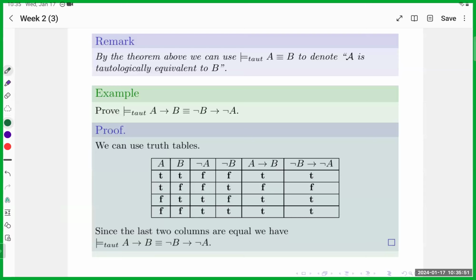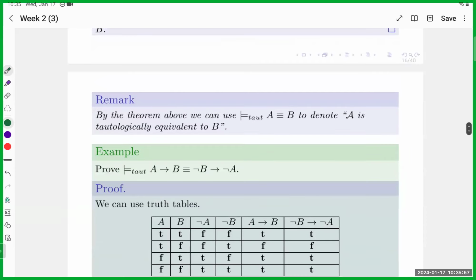Tautological equivalence and implication: first of all, it doesn't make sense to talk about sets of formulas when you're talking about tautological equivalence. It's only defined for two single formulas, and tautological implication is just one direction of tautological equivalence. When you have both directions, A tautologically implies B and B tautologically implies A, then you get tautological equivalence.